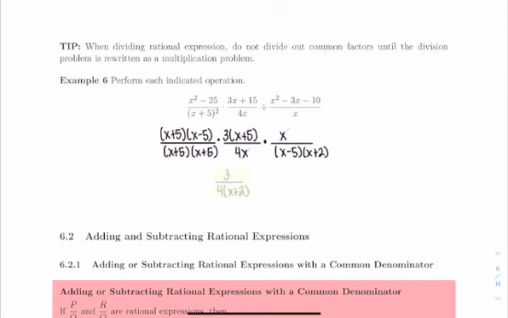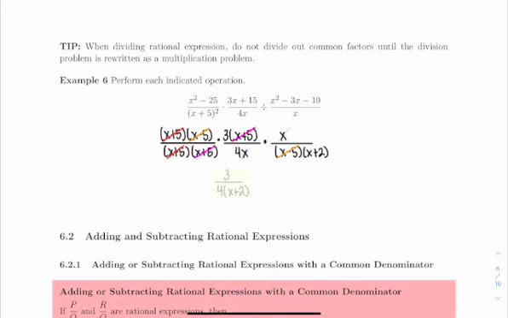Working in the first fraction, we have an x plus 5 on the top and bottom. Cross multiplication, I can cross out x plus 5 and x plus 5. We can even do cross multiplication if they aren't right next to each other. So this x minus 5 on top and this x minus 5 on the bottom can cancel.